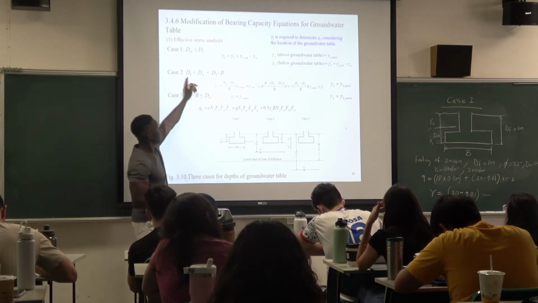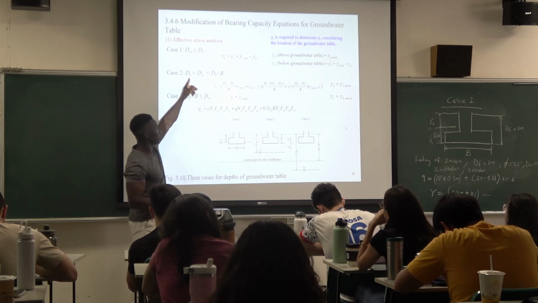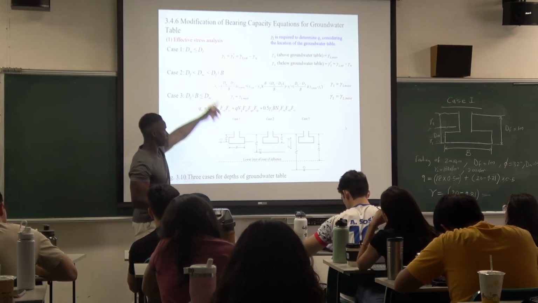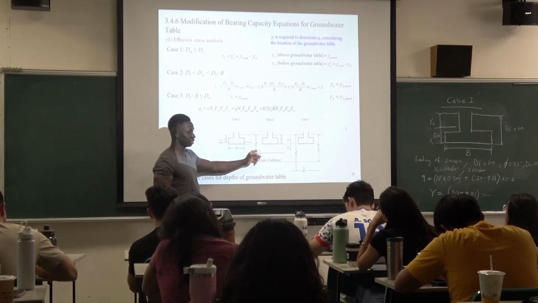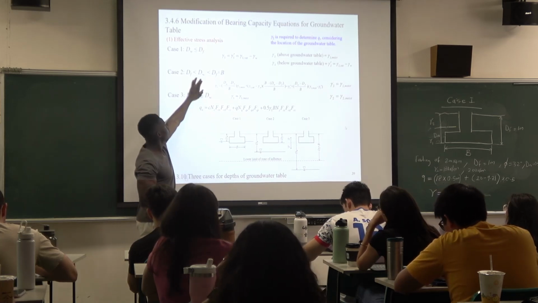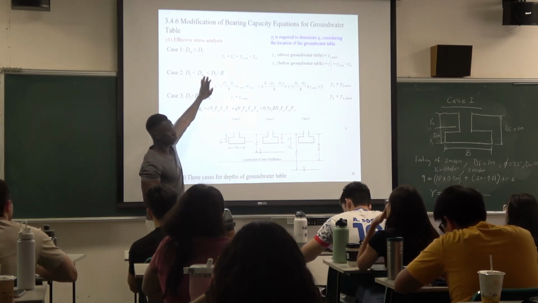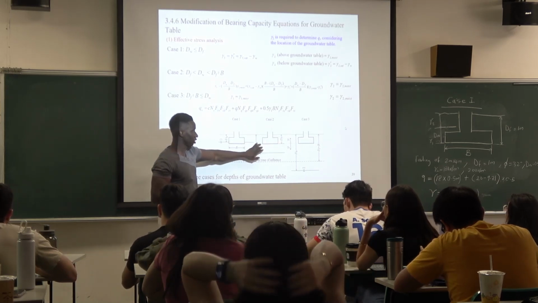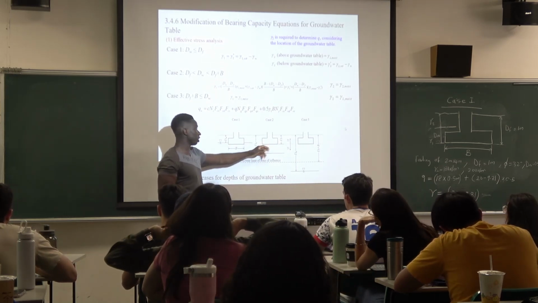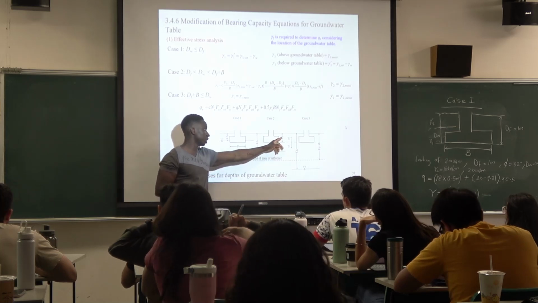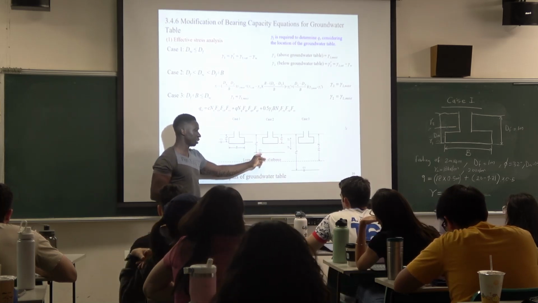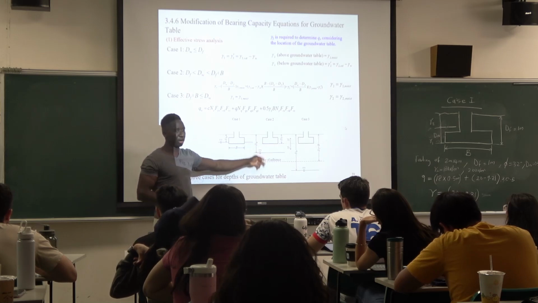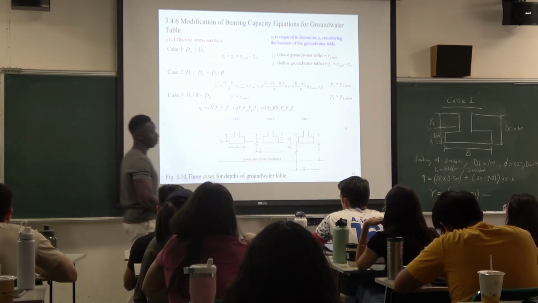So it says, if the depth of the foundation is less than the depth of the water level, so that means the depth of the water level is larger, but this depth of the water level is actually less than this plus this. Okay, so that means if the dW is less than dF plus B, the groundwater level will still impact the foundation.